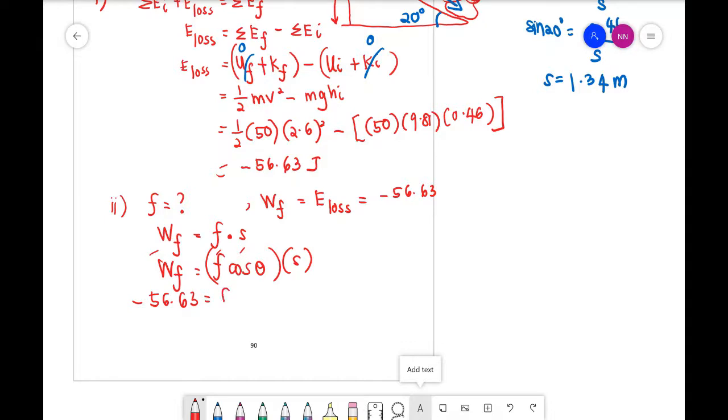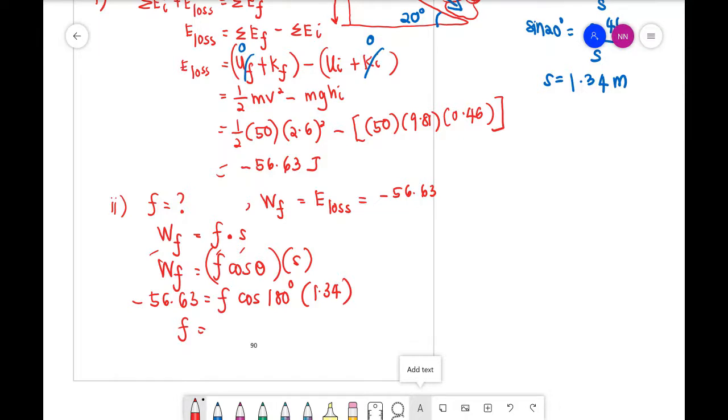Friction is the unknown to find, theta between friction and displacement is 180 degree, and displacement is 1.34.